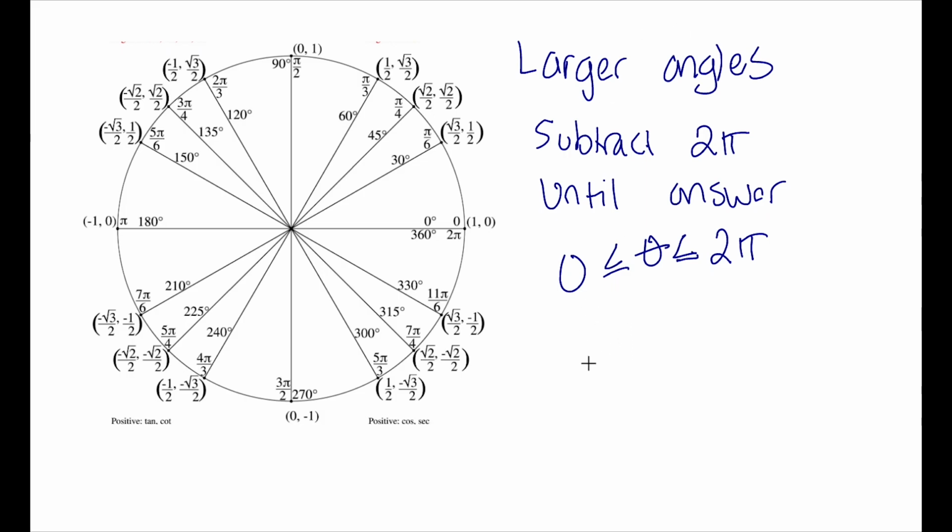Now, it's easier. So, for example, 15 pi over 4 radians. So I don't want to subtract 2 pi. We're going to end up with pi in the answer.